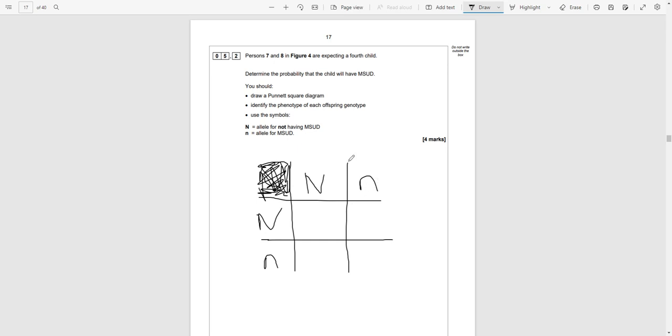Now, it never matters which way round, which parent we put where, doesn't make any difference for that. But we've got the alleles there, and using the symbols that the exam board have told us to use. Again, you won't be penalised for using your own. However, you could get yourself confused. So best to use the ones that they suggest.